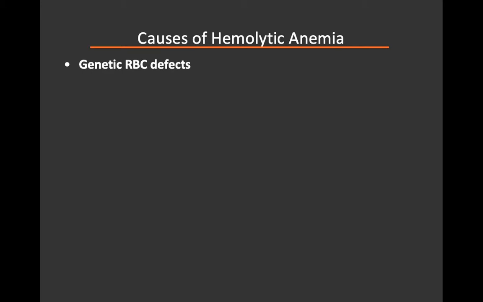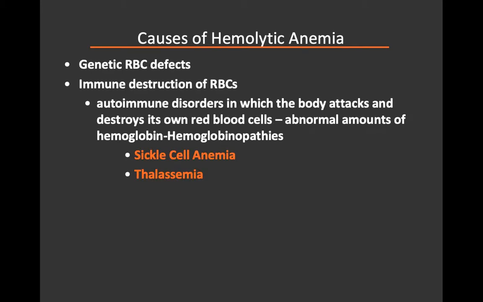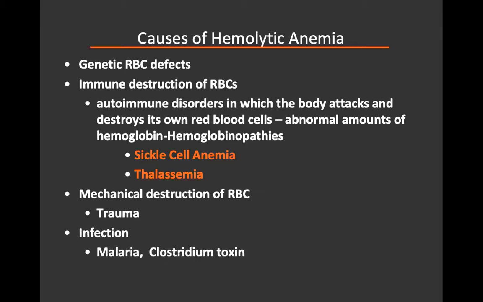Some of the causes of hemolysis: genetic red blood cell defects, immune problems such as autoimmune diseases. In these autoimmune diseases, our body attacks its own red blood cells, and we have what are called hemoglobinopathies such as sickle cell anemia and thalassemia, which we'll also talk about later. Then you can have mechanical destruction of the red blood cells, so some kind of trauma can cause this hemolytic anemia.